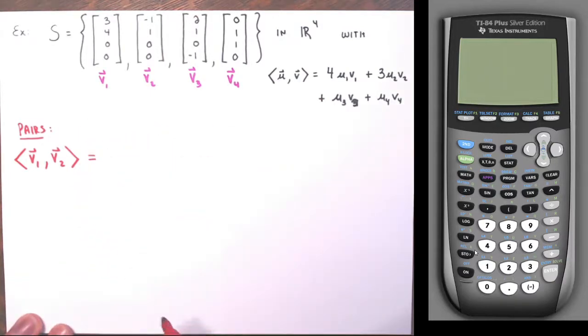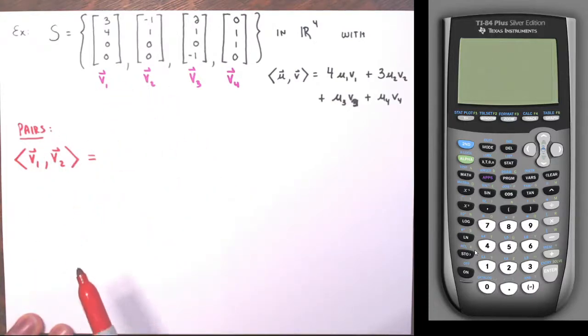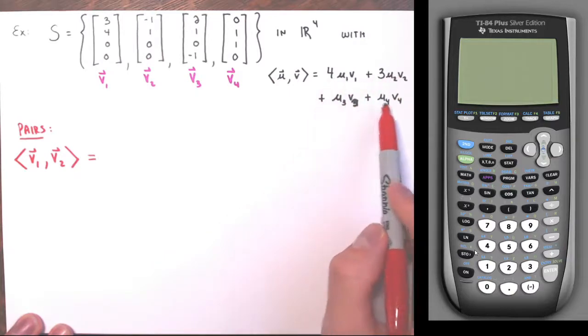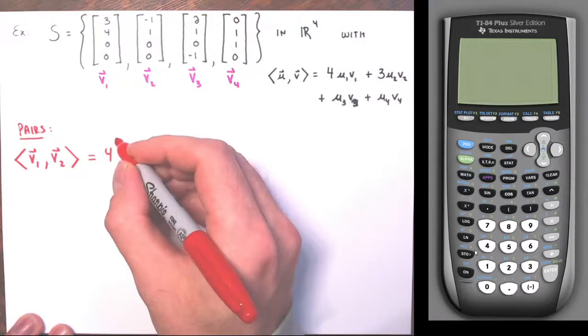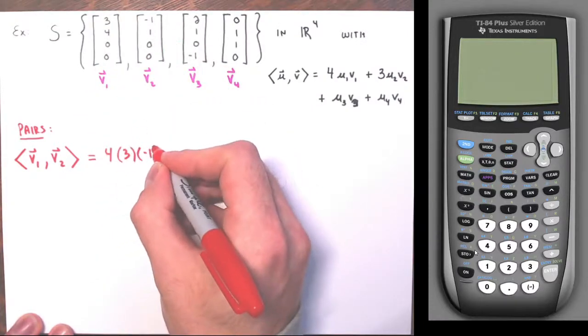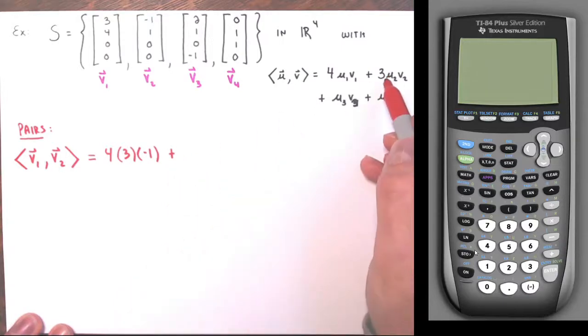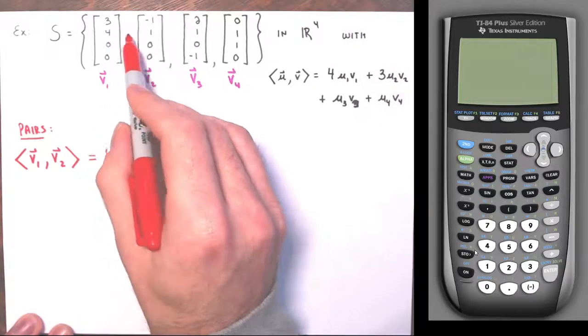Let's see. What's the inner product of v1 with v2? According to this rule here, it's 4 times the product of the first components, so 4 times 3 times -1. Plus 3 times the product of the second components, so 3 times 4 times 1.